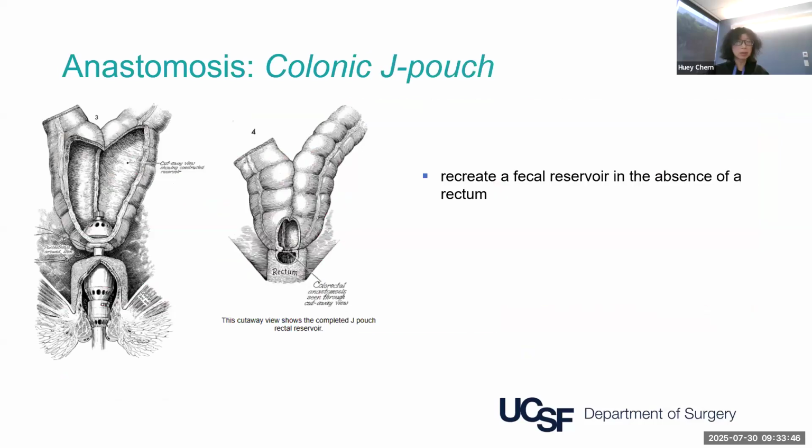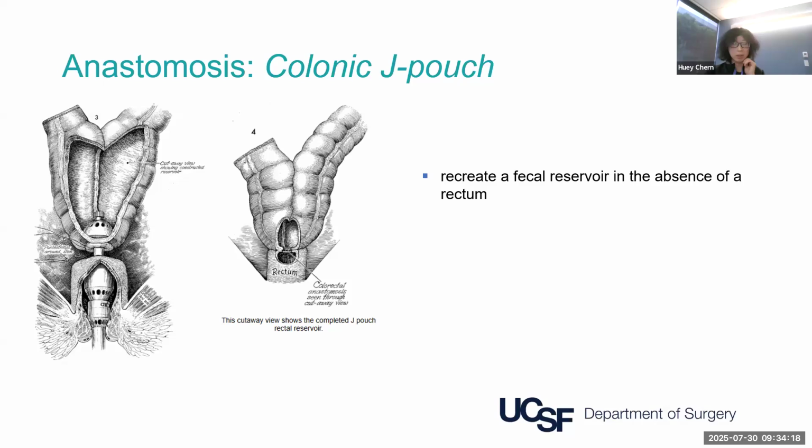Okay, and we can also do a colonic J-pouch. For the ileo pouch, usually we form about a 15 to 20 centimeter J-pouch. For the colon, it's more like a 5 to 7 centimeter pouch. That's being used for patients after low anterior resection to try to help with the bowel function around low anterior resection syndrome.